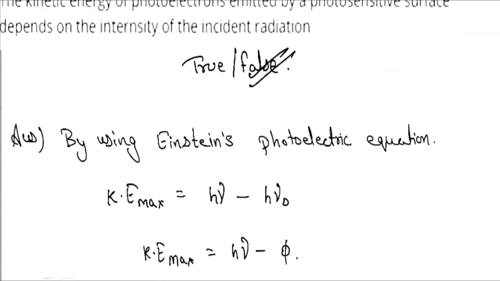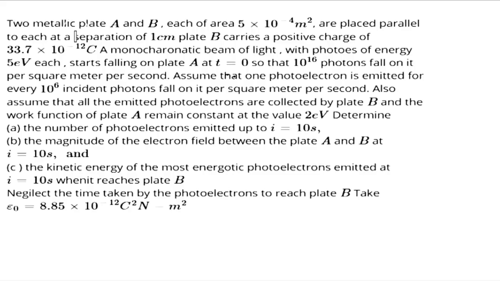Hello everyone, let us read the question first. Two metal plates A and B, each of area 5 into 10 to the power minus 4 meters square, are placed parallel to each other, separated by 1 centimeter.